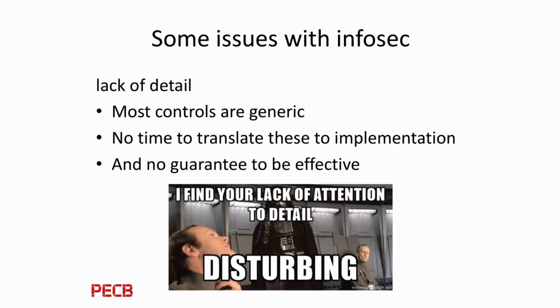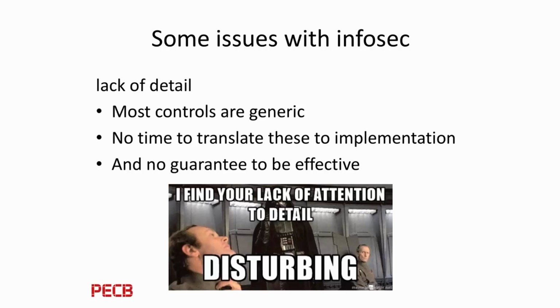If you look at the control set in ISO 27002, it's a very good set. It covers a lot of domains, but it's still a very generic set. Everybody has to translate all those generic controls into context-specific implementations. In an agile project, there is not much time available to translate those generic controls into specific implementations, and hence everybody has to reinvent the wheel over and over again.